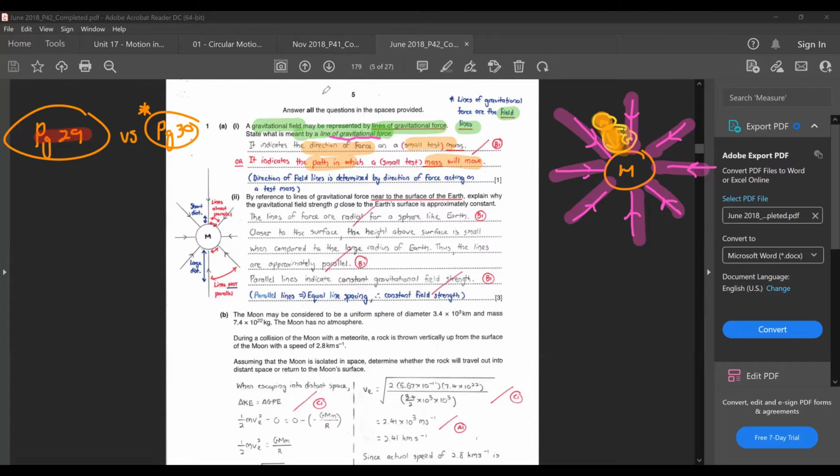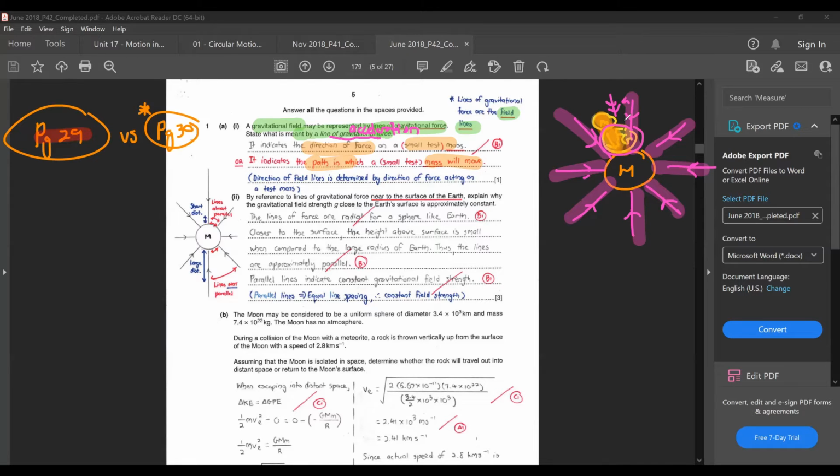In some variations of the same question, the force may be replaced with another term called acceleration. It indicates the direction of acceleration on a small test mass, which is also true, because this Fg is your resultant force, and the resultant force in turn causes an acceleration.